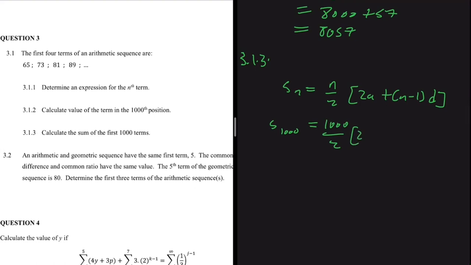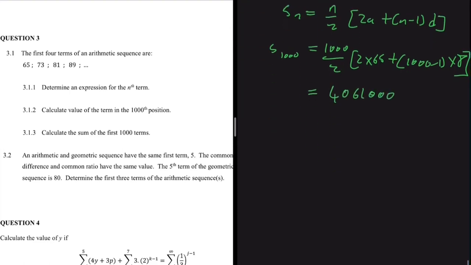What is a? A is the first term, so that is 65, plus n minus 1, so it's 1000 minus 1 multiplied by the difference, which is 8, right? So multiply by 8, and then if you put that in your calculator, you're going to get 4,061,000. That seems to be correct.